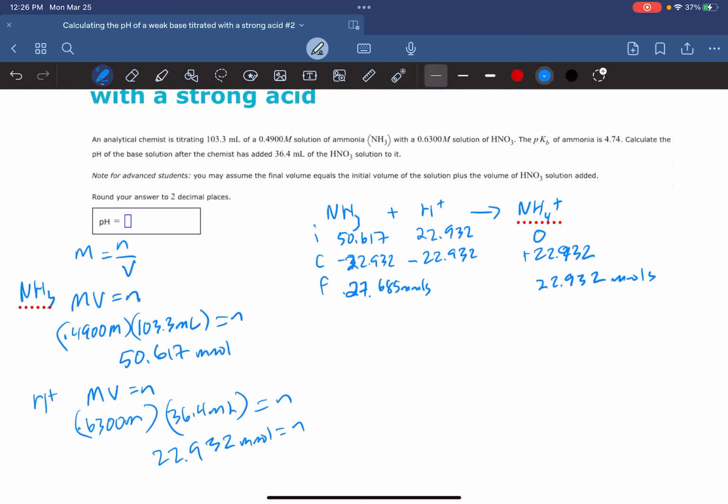I would suggest doing this so you don't have to do the math more than one time. I would take the two volumes and put them underneath here, 103.3 milliliters plus 36.4 milliliters. And we're going to do that again over here, 103.3 milliliters plus 36.4 milliliters.